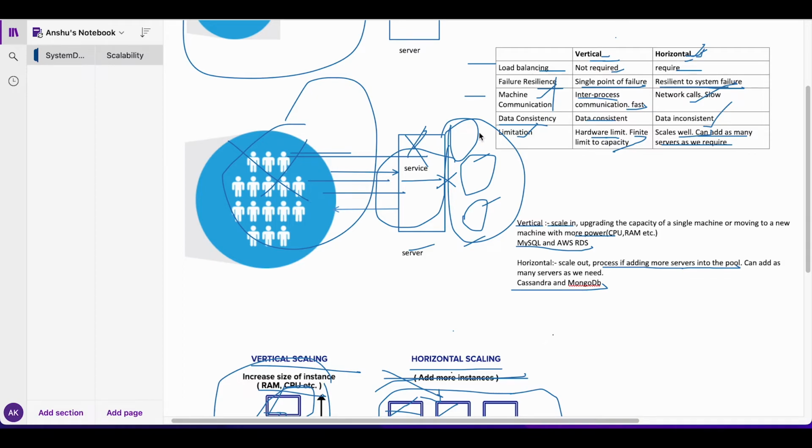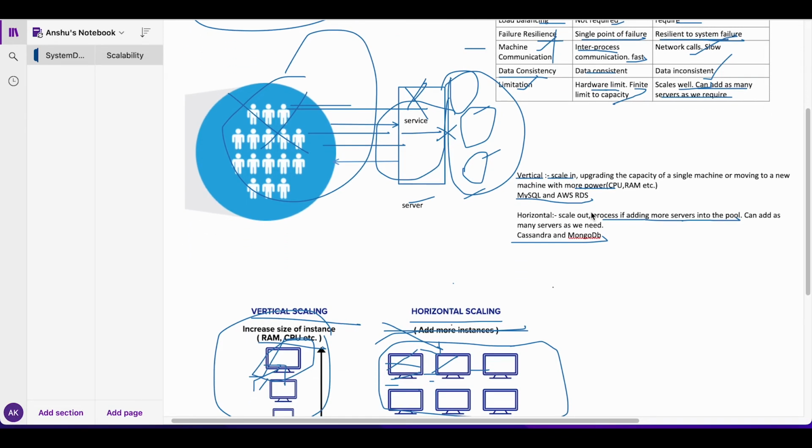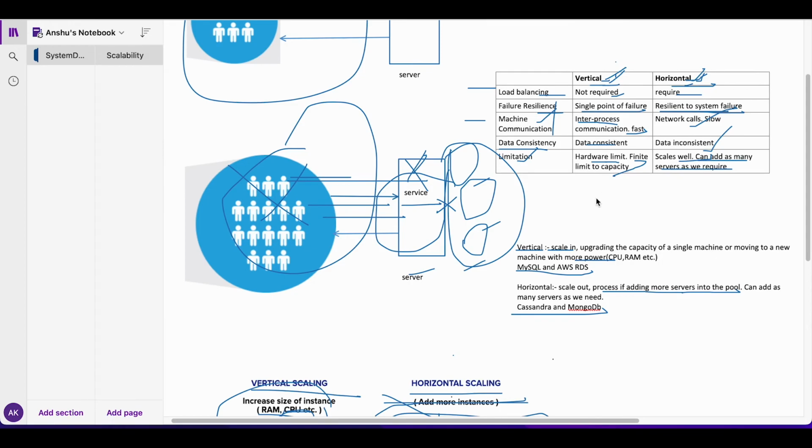Now the question is where we can use vertical scaling and horizontal scaling. Vertical scaling is a great option if you have very little traffic and very few requests to serve. But horizontal scaling works when you think your number of users is going to increase day by day and there will be a lot of requests to serve.